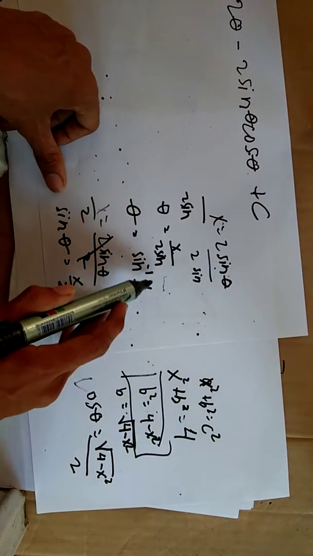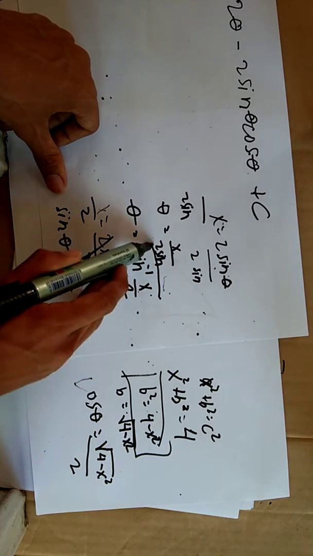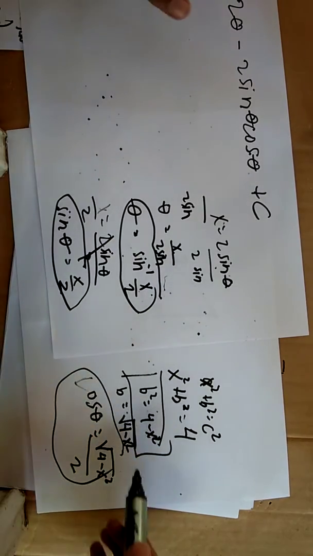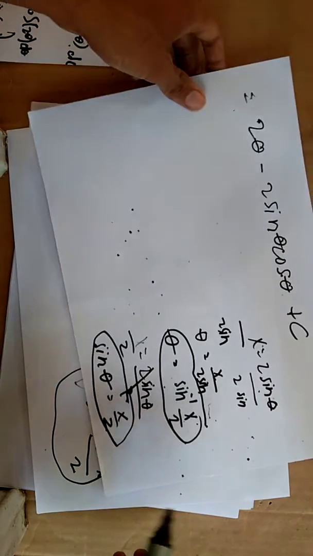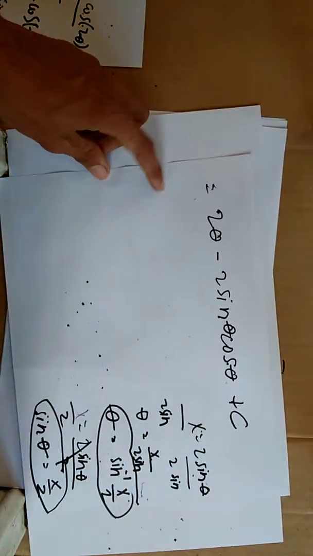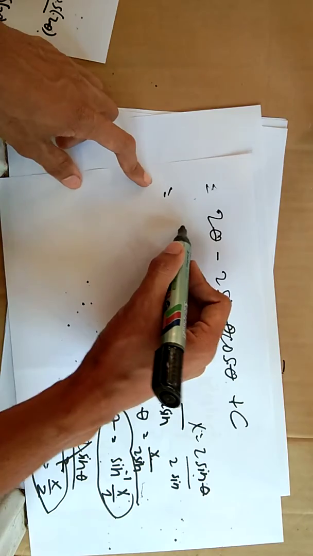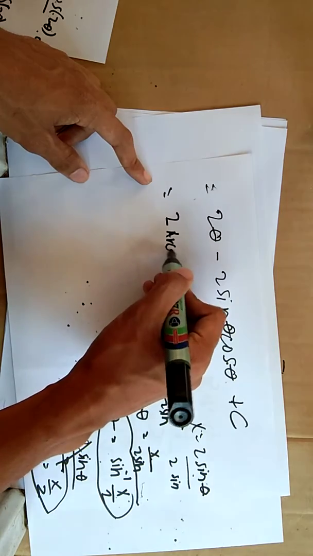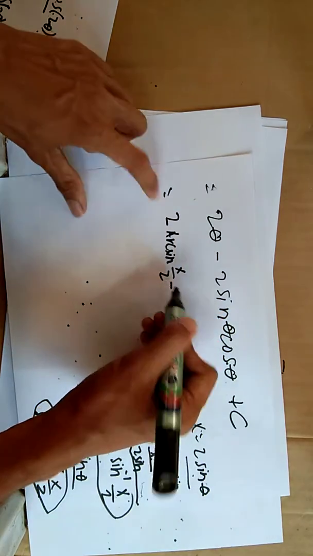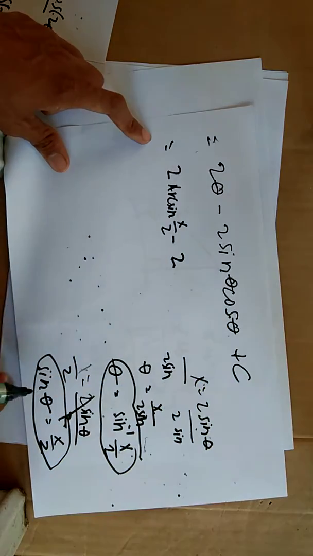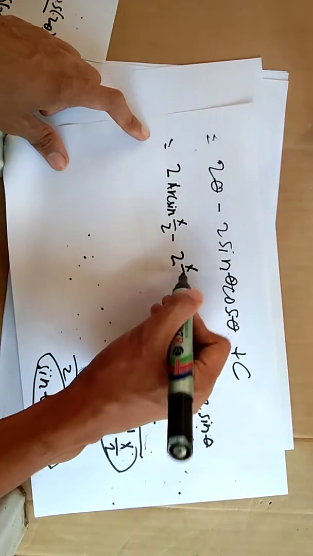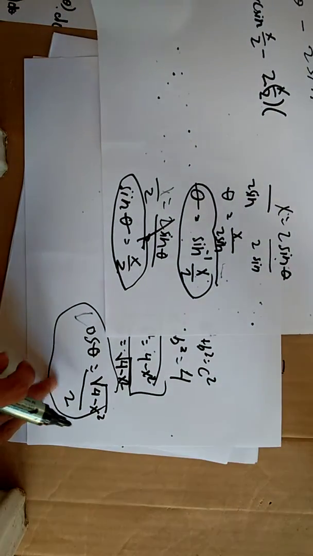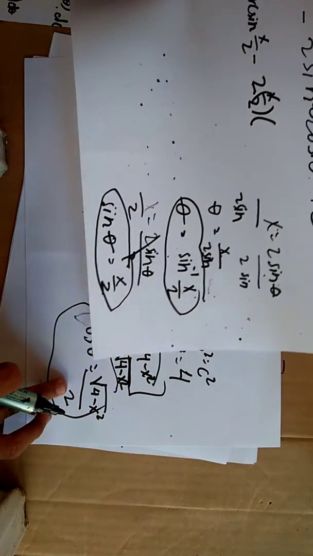So now since we have all the equations we need, we will substitute them into our problem. Our theta is the arc sine of x over 2. So 2 times arc sine x over 2 minus 2 sine theta, and our sine theta will be x over 2, times our cos theta, which is the square root of 4 minus x squared over 2.